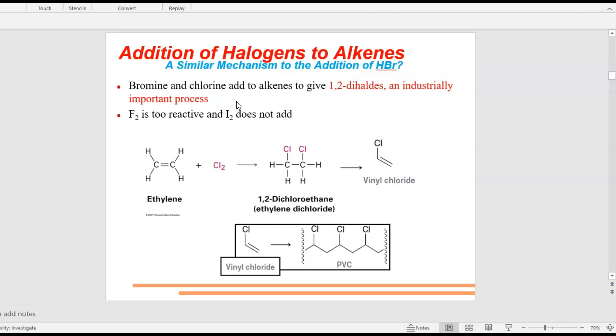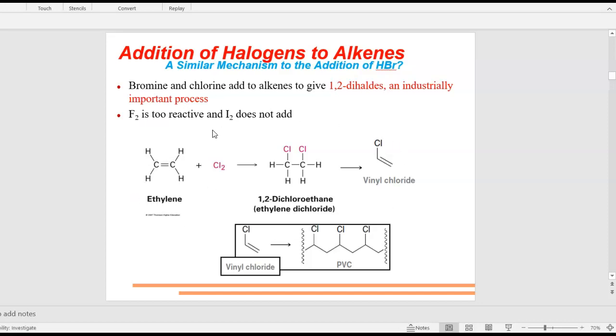Another reaction we are going to look into is the addition of halogens to alkenes. The halogens like bromine and chlorine will add on to alkenes to give the 1,2-dihalides, like a 1,2-dichloride or a 1,2-dibromide. Fluorine is too reactive and iodine does not add, so we don't have to worry about these two reagents. However, we'll look at reactions involving bromine and chlorine.